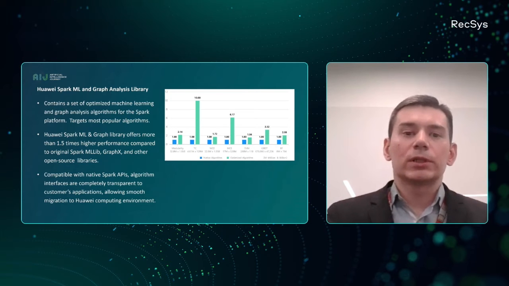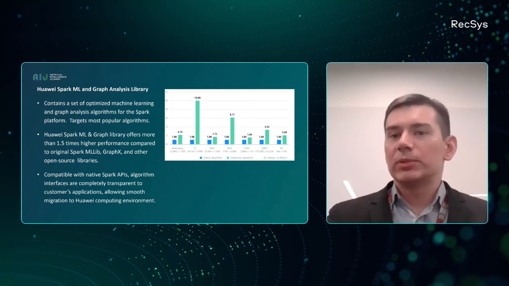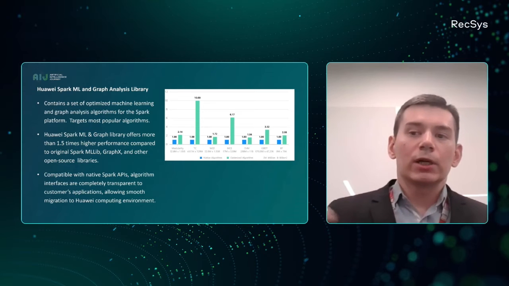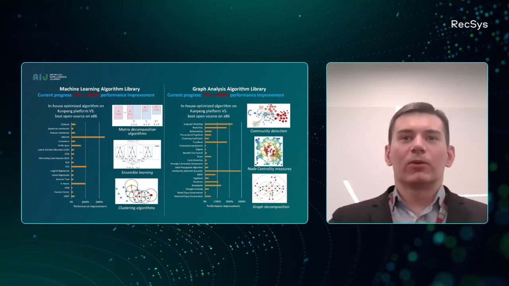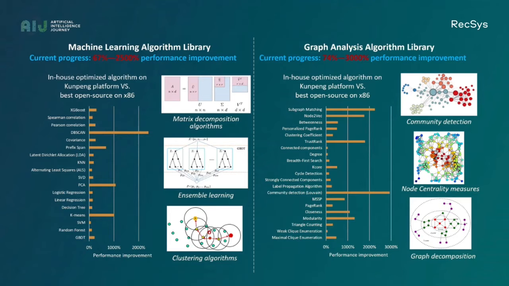Also, we guarantee that our IP is completely compatible with standard GraphX and Spark algorithms. For this reason, the customers won't need to restructure their scripts and pipelines. Our algorithms require just a change of the jar file, and everything will work quickly instead of the standard open source solutions. Now on this slide you see some information on our results.